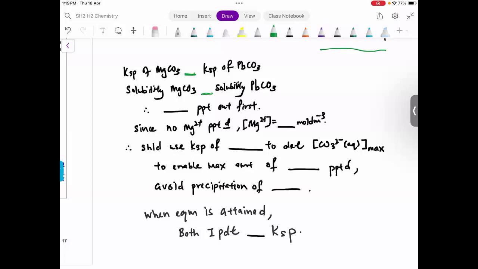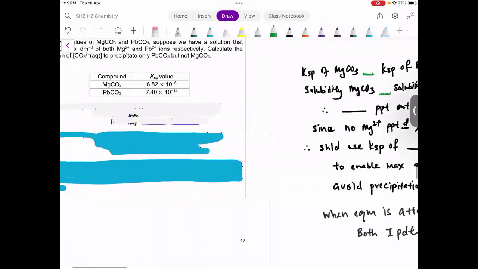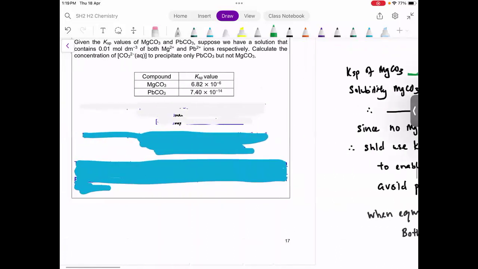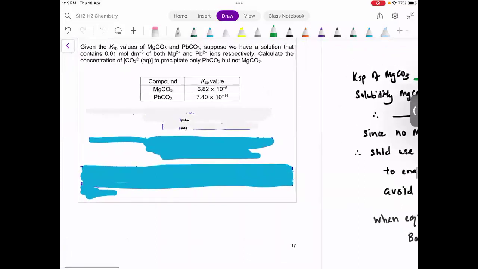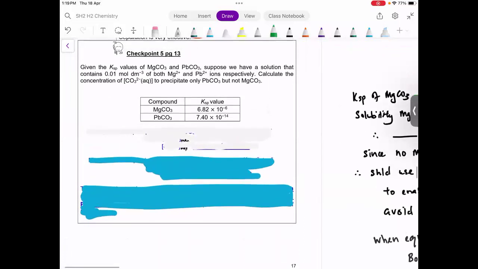Okay, so you managed to calculate? Is the numerical answer already provided? Is it the magnesium carbonate? If I erase something. Oh, yeah, so there's a numerical answer provided.